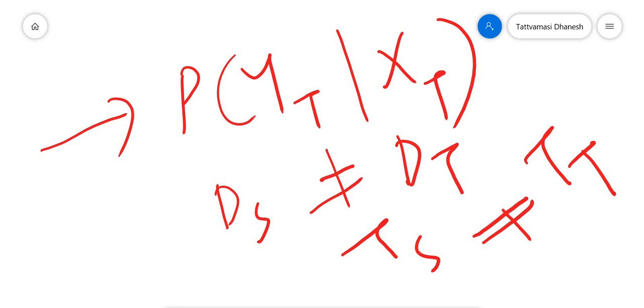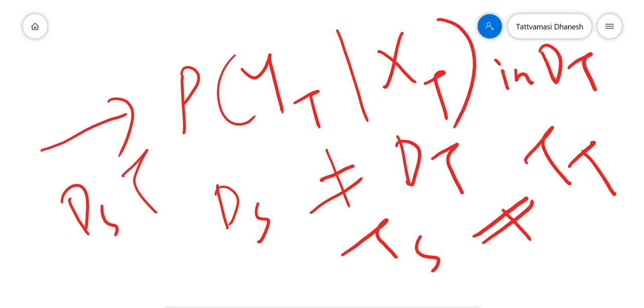Then the objective is to learn the target conditional probability P of Yt given Xt in Dt, the target domain, with the information gained from Ds and Ts, the source domain and source task.